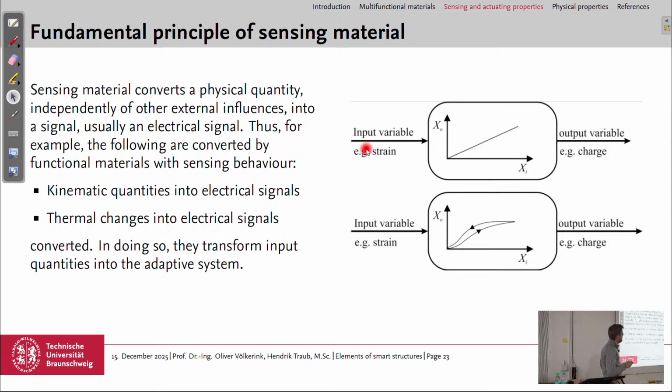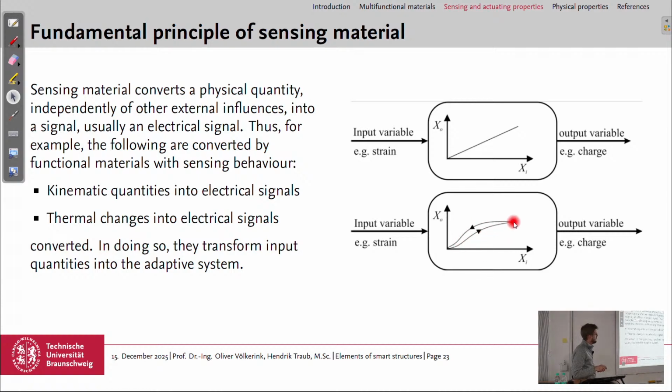We have an input variable, for example, the strain xi, and an output variable, the charge, and it should be really defined so that we have a clear definition. This strain corresponds to this charge or electric signal. In reality, we have more like this behavior.